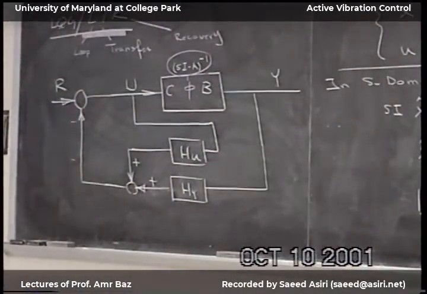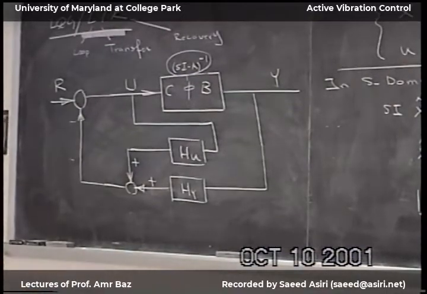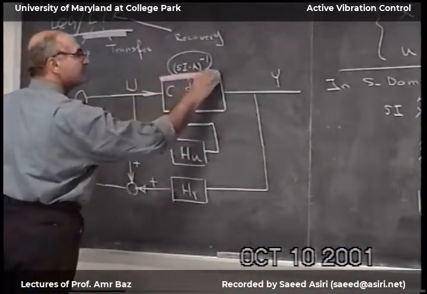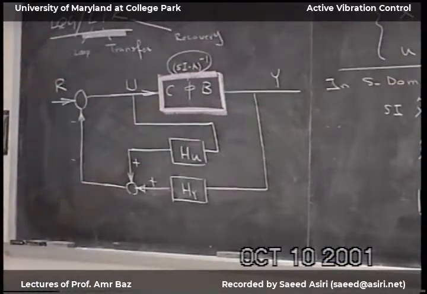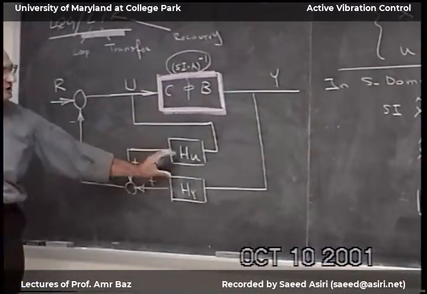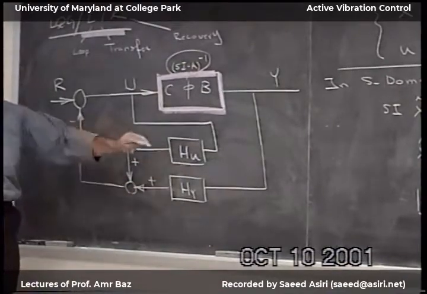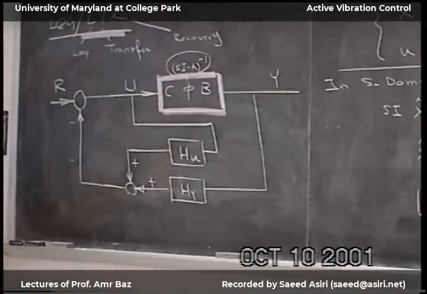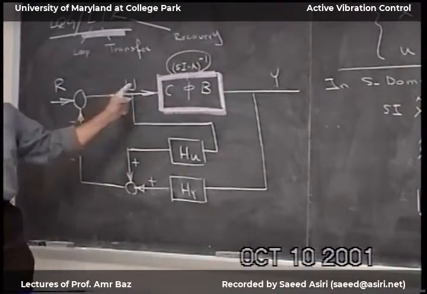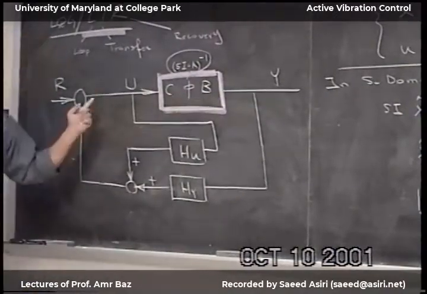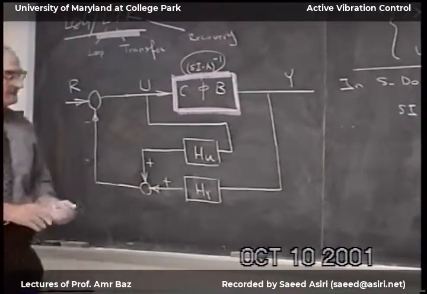Again, this is G, the system. I'm going to combine these two in one transfer function. So I want to relate the y and the u. I'll put these together.